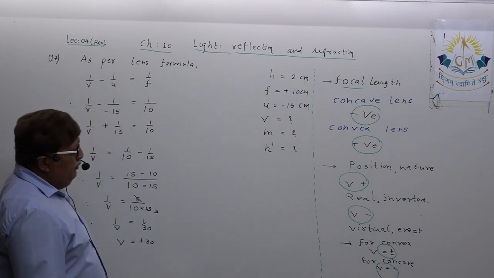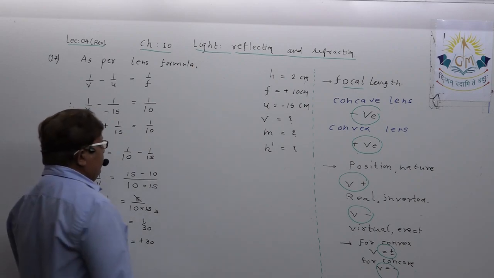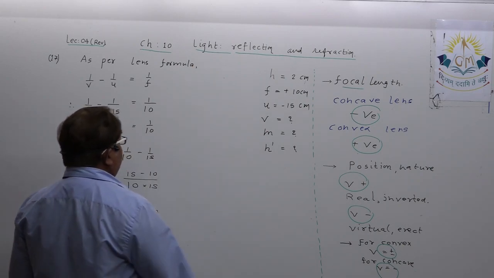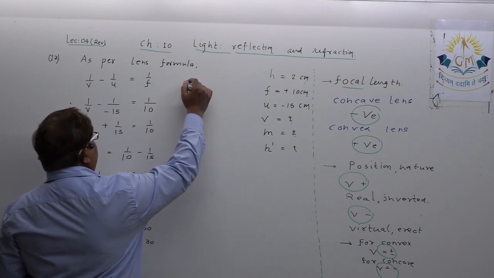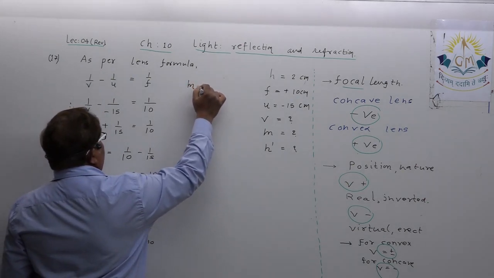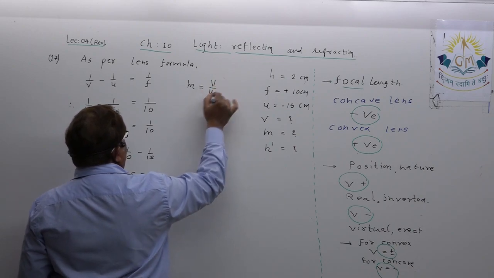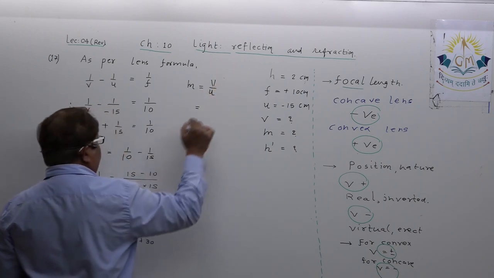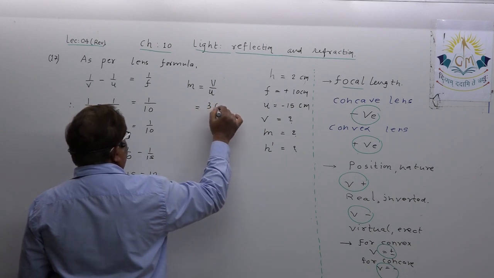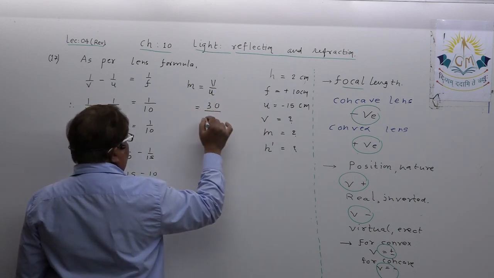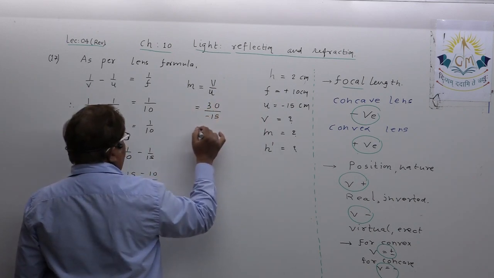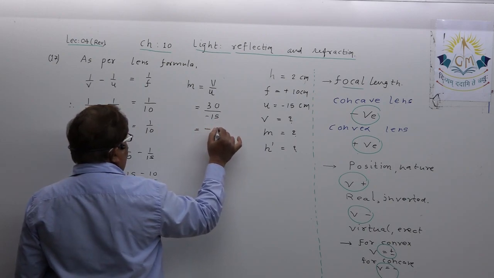Understood? Now it's a question of finding the size of the image, and for that, first you find M equals V upon U. What is V? 30. What is U? Minus 15. Just cancel.